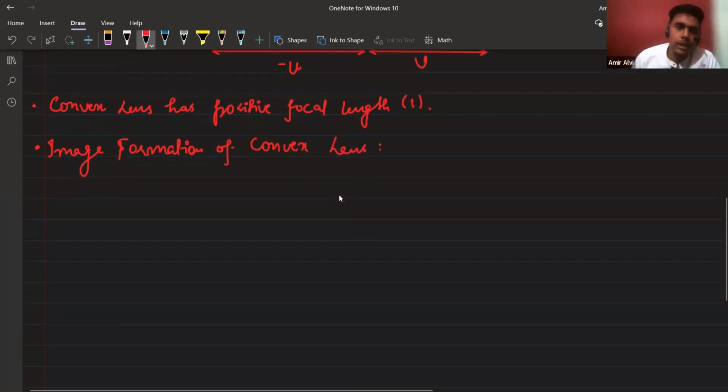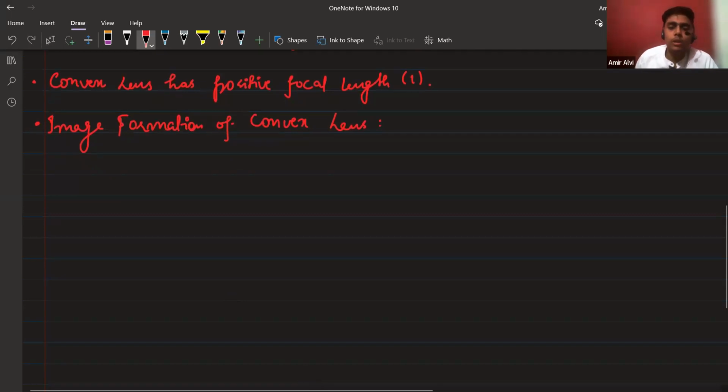Now tell me what should be the first point of the object. Can anybody tell me? Object is at infinity. Very good. Because we basically start from infinity and move towards the optical center, just like we had in the mirror concept. Yes or no?